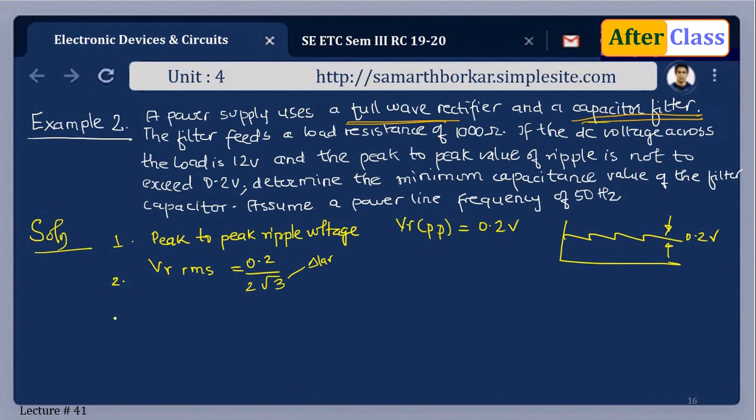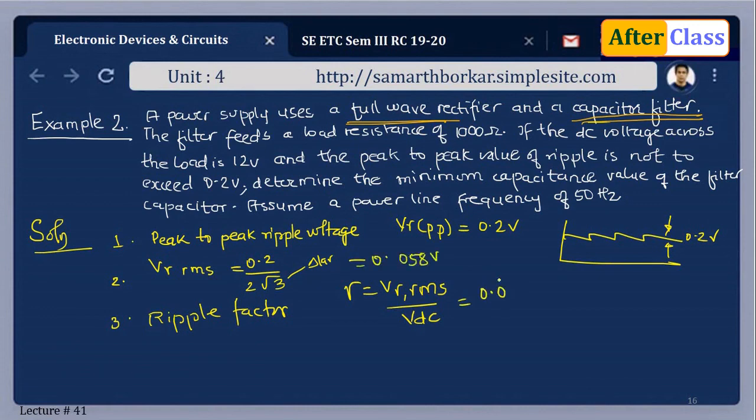Now the third point is the ripple factor, which is VR RMS divided by VDC. So this value is 0.058 volts divided by VDC, which is 12. So what you get is 0.0048.